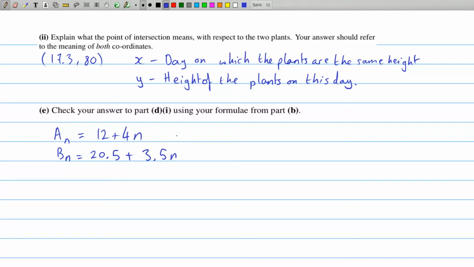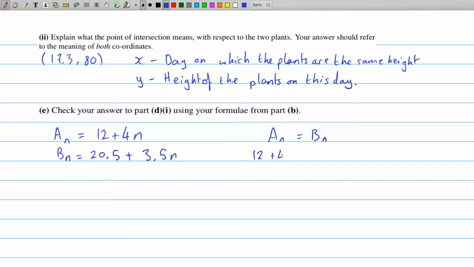So how do we do this? Well, these are two equations representing height and the number of days that have passed. We can solve them simultaneously by saying when they intersect, the height should be the same. So we say that A_n equals B_n at the point of intersection.